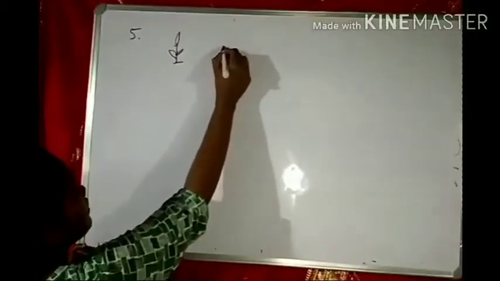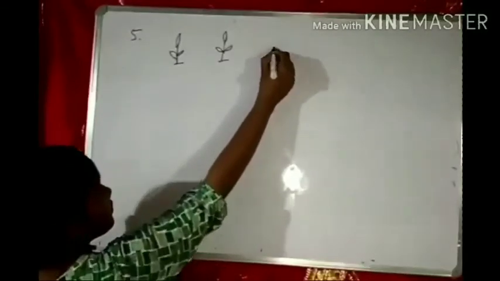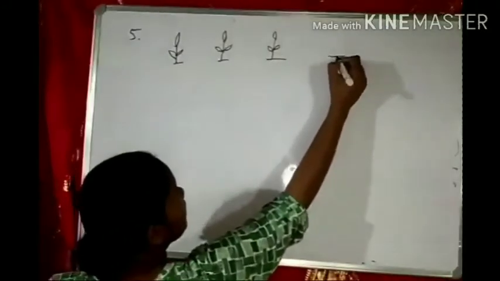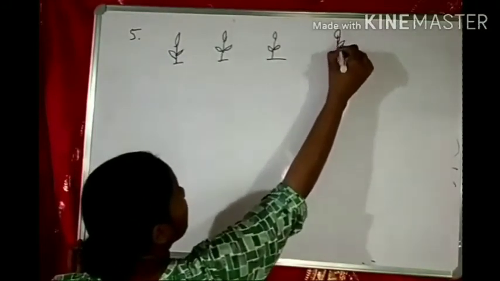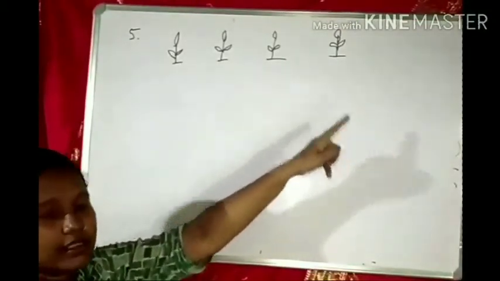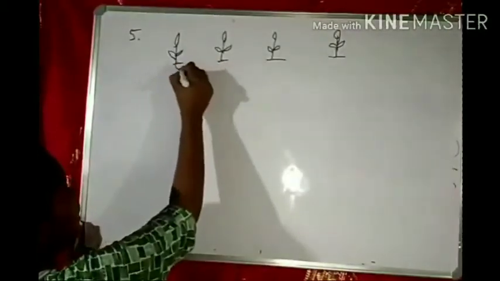So here 1, 2, 3, 4 saplings in a row in her garden. Then the distance between two adjacent saplings is, these are two adjacent saplings.